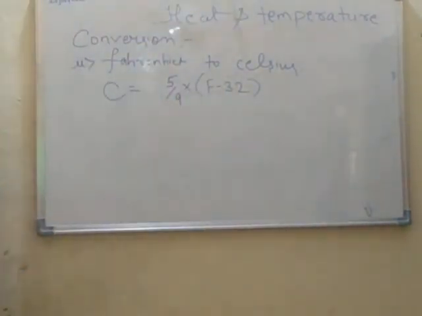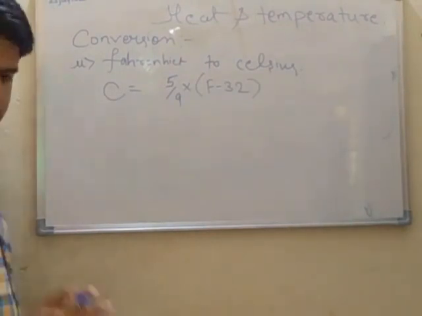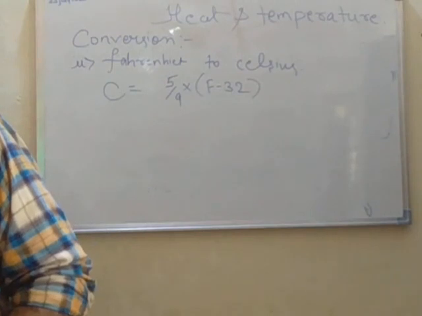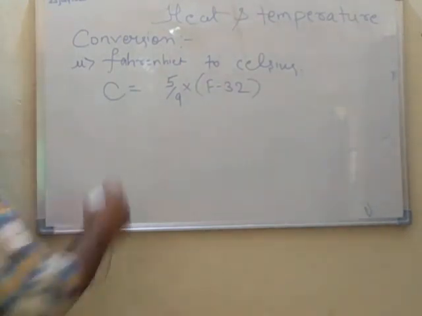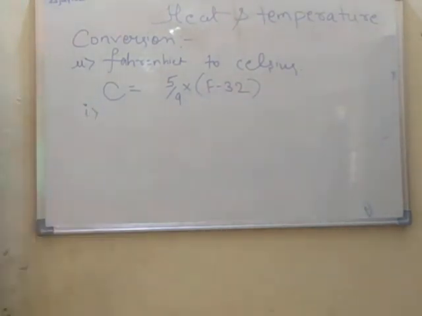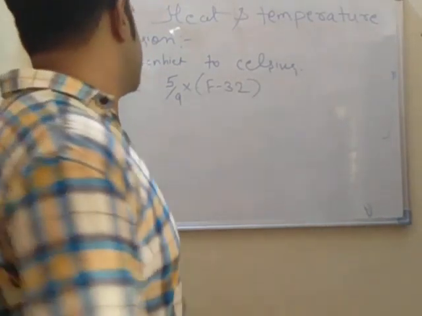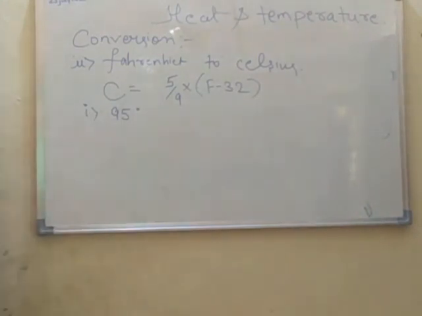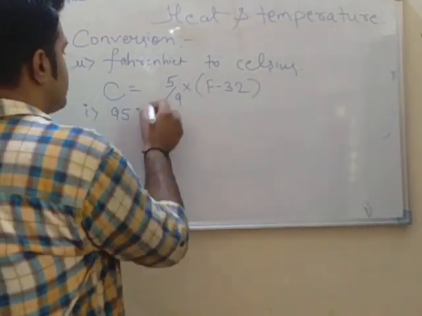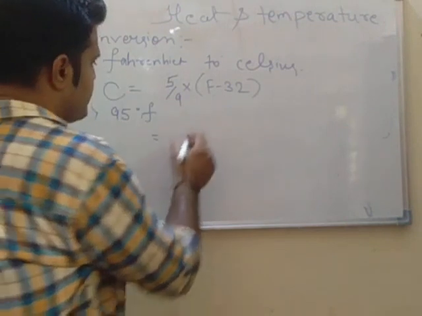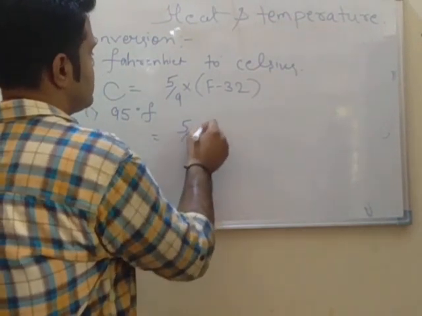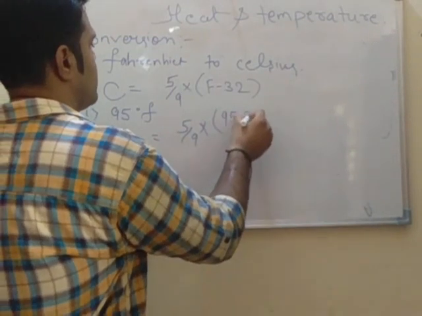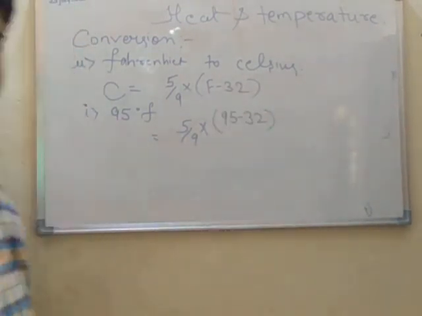We can do some questions on this. Just look at the question from the book. The question given is 95 degree Fahrenheit. We will put the value: 5 by 9 into 95 minus 32.